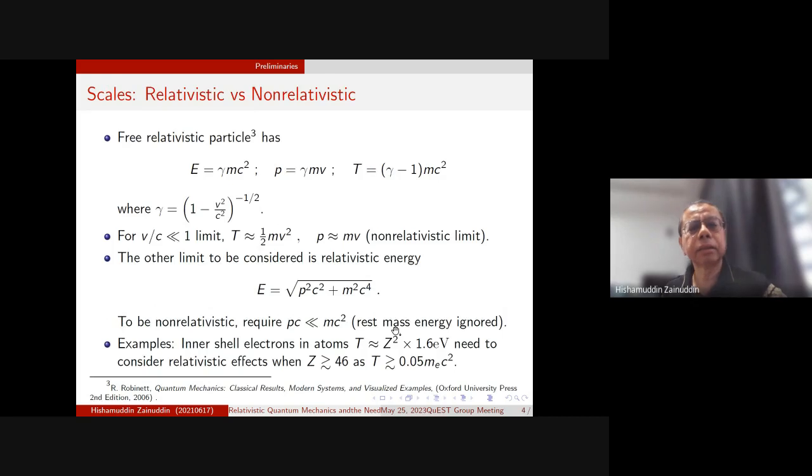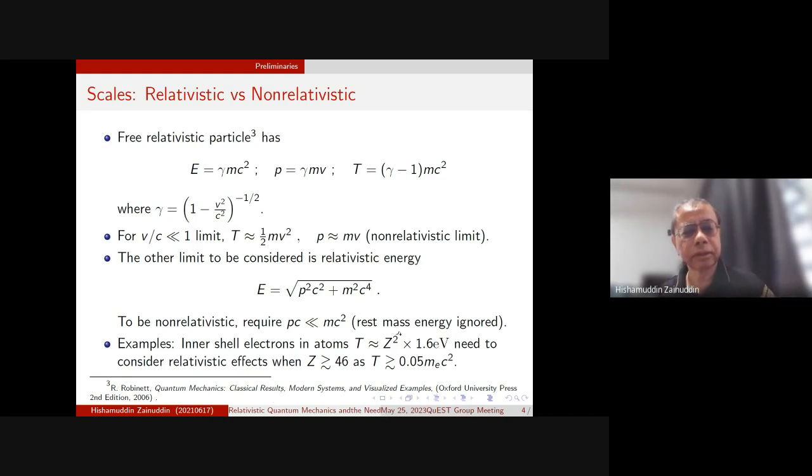The other important thing that one should also consider is the idea of scales. These are normally not really emphasized in many places, but in one book I find this very nice, Robinett's book.